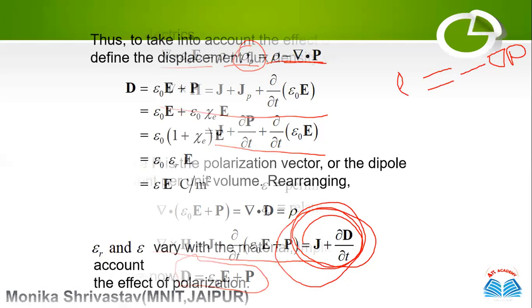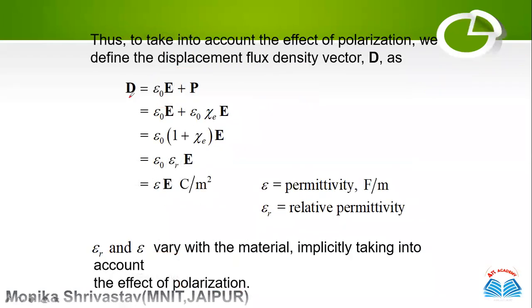Okay, so we have D equals epsilon naught E plus P. We know for the dielectric, this P is this one. So we get this, and this 1 plus chi e is epsilon r. What is this epsilon r? Epsilon r is your relative permittivity, and epsilon equals epsilon naught epsilon r.